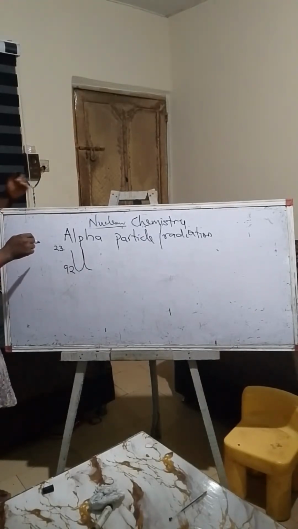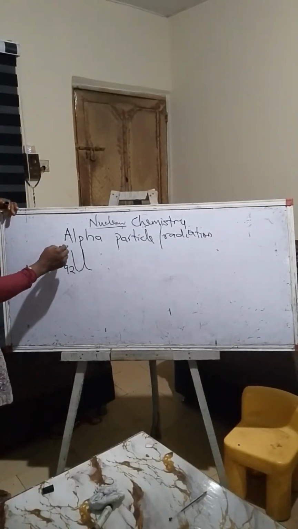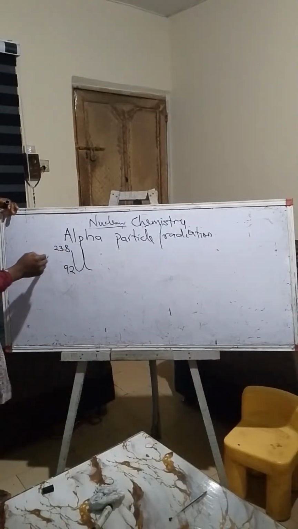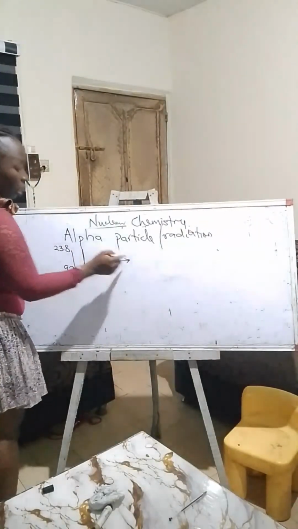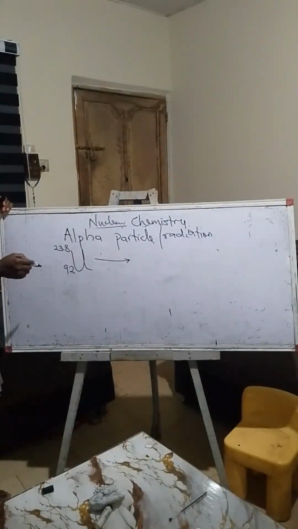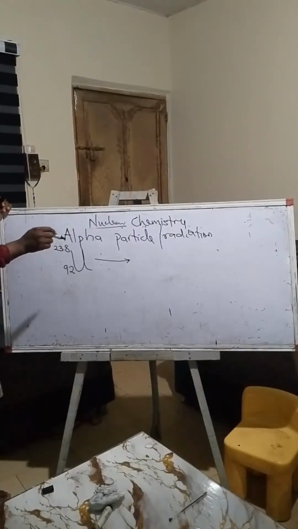We consider isotopes for radiations, because we believe that if the proton to neutron ratio is greater than 1, it is not stable. So if you have 238 as the mass number of this uranium, which is 92, this uranium tends to undergo disintegration. Disintegration means spontaneous reaction.